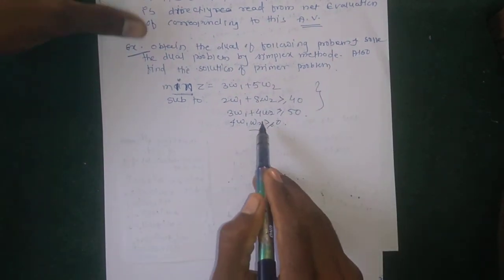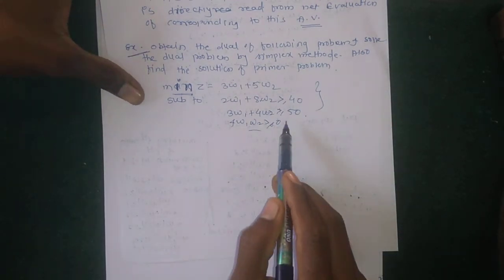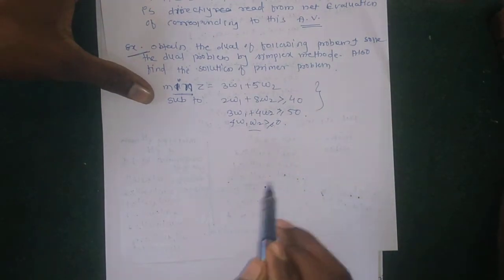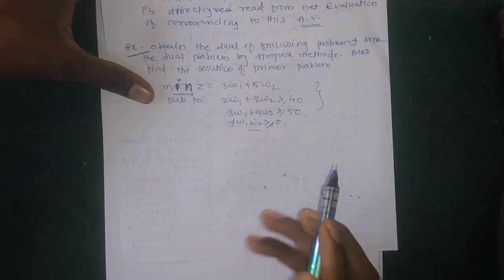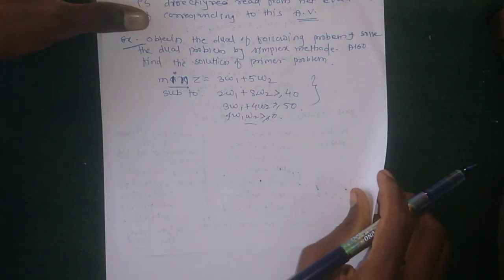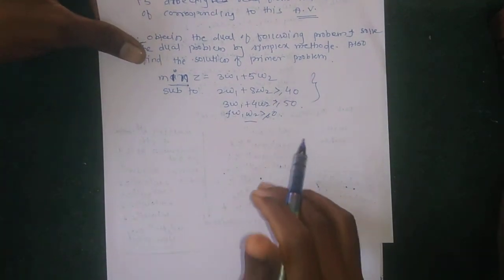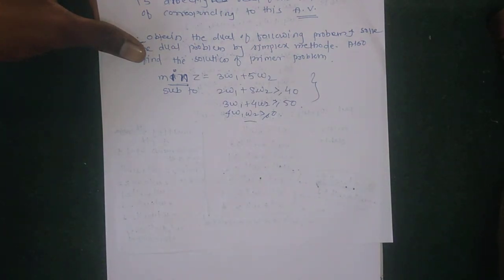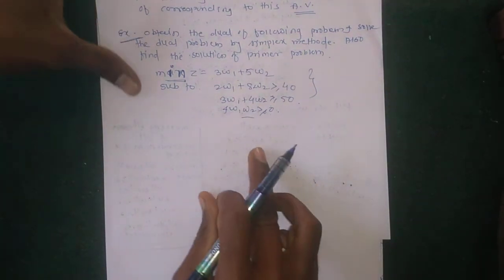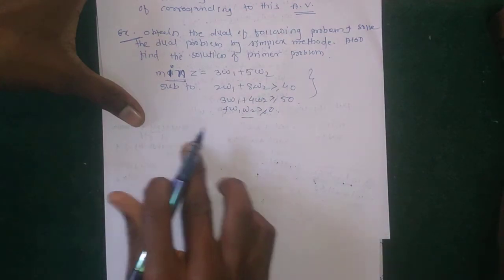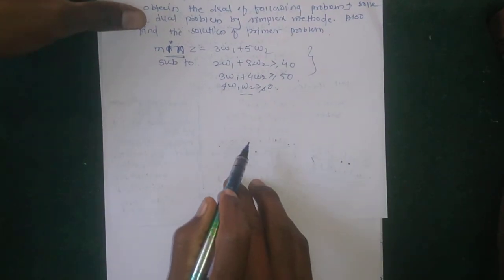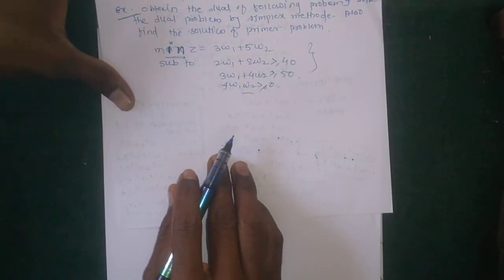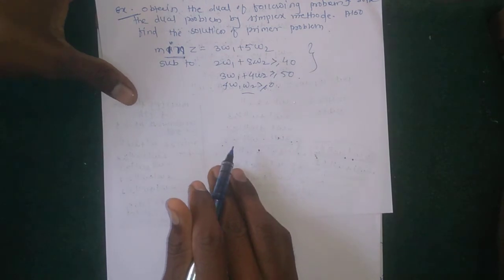After writing the dual problem, write it in standard form, adding slack variables, surplus variables or artificial variables, then find the Zj minus Cj by drawing the simplex table.